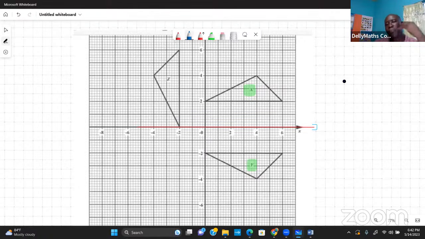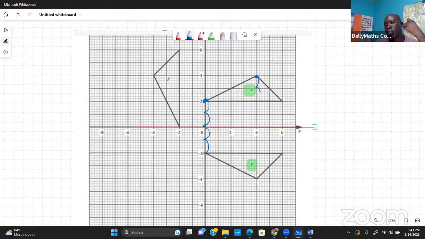If you want confirmation, you could pick on the points. Even one of the points, take a look. Number 2 here, right here. It is 2 units on top of the x-axis, and the corresponding point fell 2 units beneath. Let's look at this point just for reinforcement.